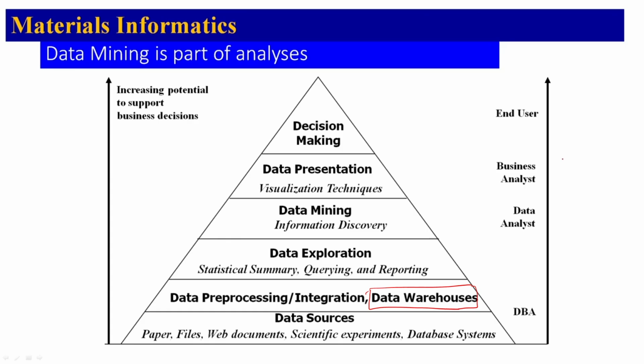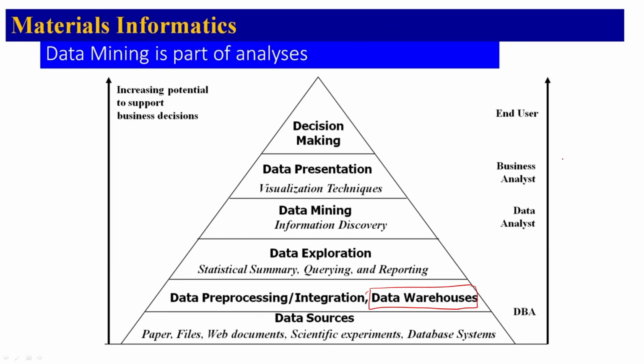I have talked about how we can plot the data in different ways to get different kinds of trends, and that in a nutshell provides you some statistical summary, following which you are going to use data mining for information discovery. You are going to use all these models to do that data mining, which is basically done by a data analyst. Some of you will be working as data analysts in future, I know.